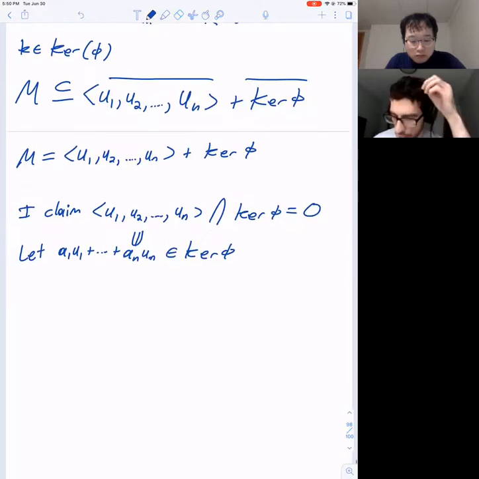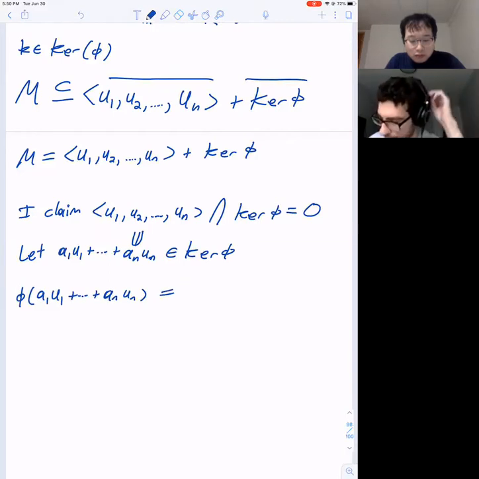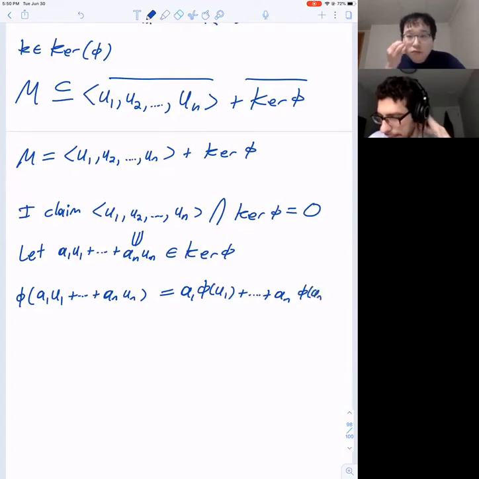That means that if I take phi of this element, by the fact that it's an A-module homomorphism, I can split it up this way, and this is equal to 0.